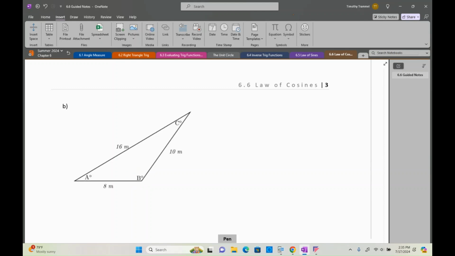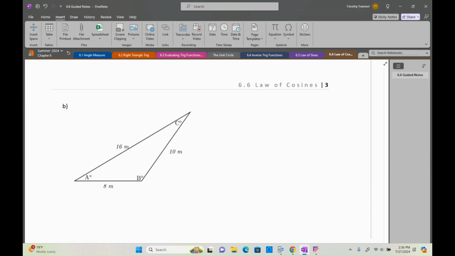So I'm going to find angle B now, and I think I'm just going to use my law of cosines. And again, you can't use law of sines here because we don't have a matching angle and side. There's not a side that we know its corresponding angle as well.